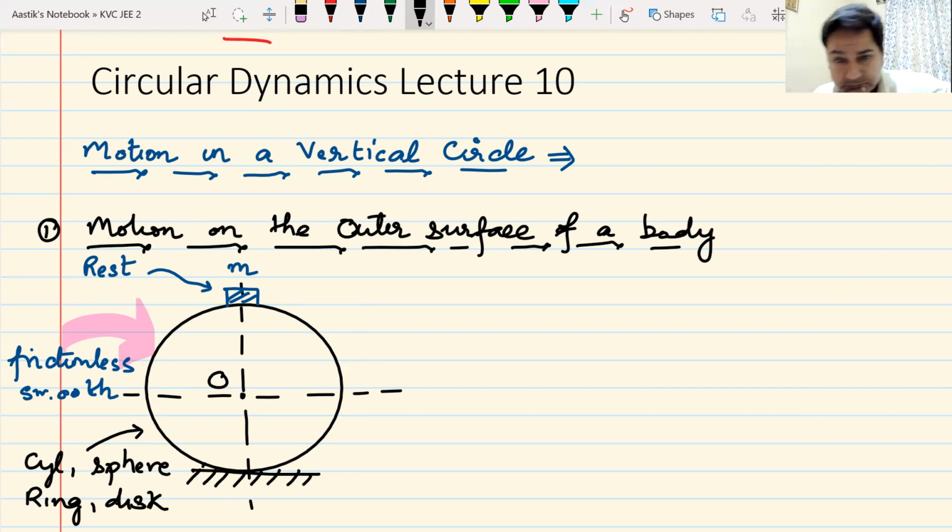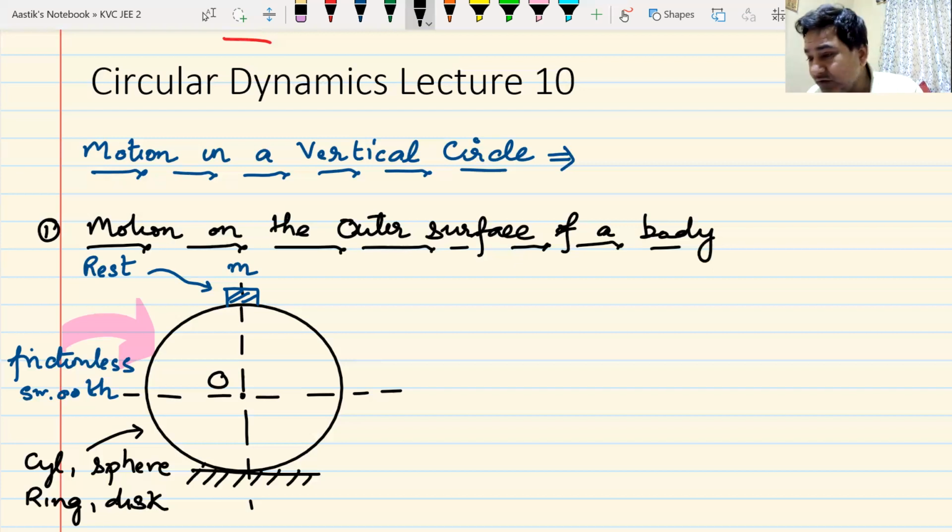No one has the answer? Online class, offline class, no one has an answer? What will happen if I give this body a gentle push? Does it move? Does it not move? How does it move? There is no friction anywhere.